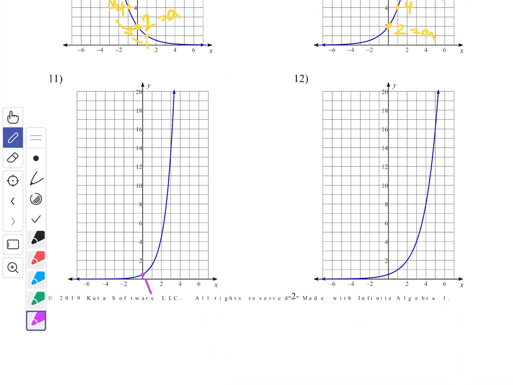This one's kind of crazy, but it looks like we're starting at 1/2. So that's our a. Then 1/2 to 5 to 14, maybe. Okay, this one's kind of tough, isn't it?